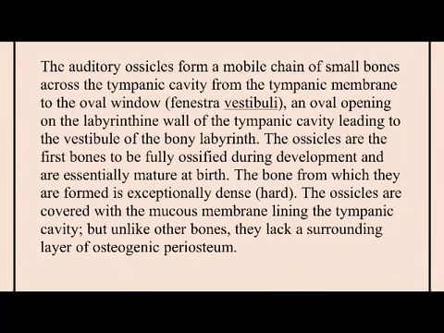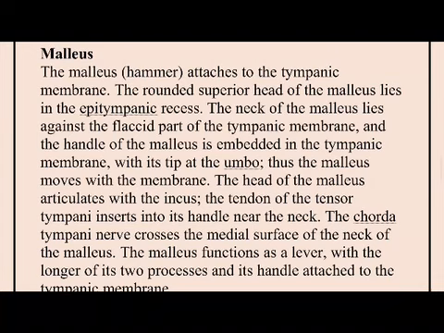Now, one of the ossicles I need to talk about now is the malleus. The malleus also means hammer. It attaches to the tympanic membrane. Remember the diagram we saw a while ago. The malleus is the one that is most external, attached to the tympanic membrane. The malleus has a rounded superior head, and the rounded superior head lies in the epitympanic recess.